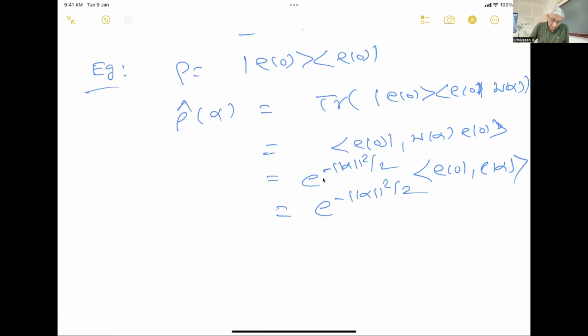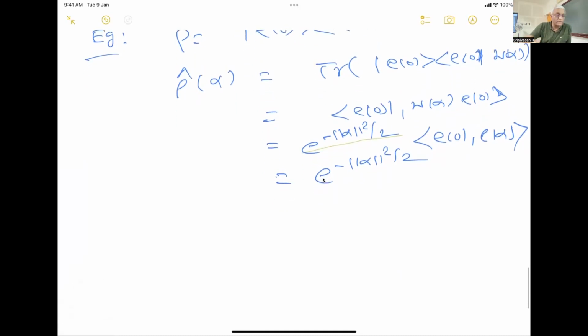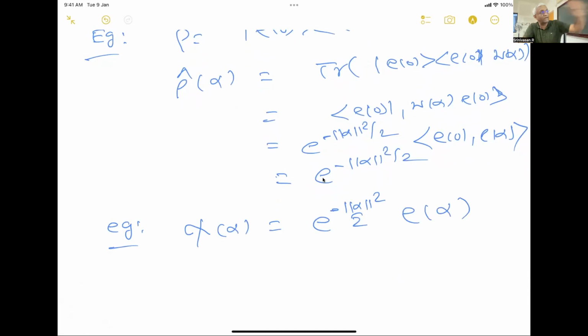Now some other vectors we know are the exponentials E(alpha) themselves. But that's not a unit vector; it has norm e to the power |alpha|^2 by 2. So the next example is what is called chi alpha. Chi alpha equals e to the power minus |alpha|^2 by 2 times E(alpha).